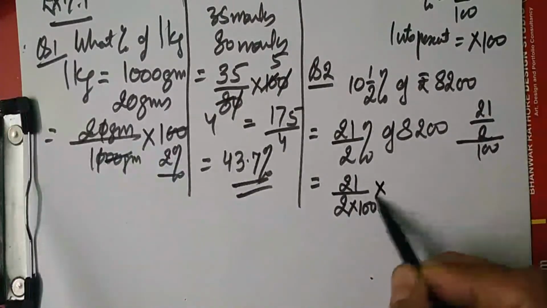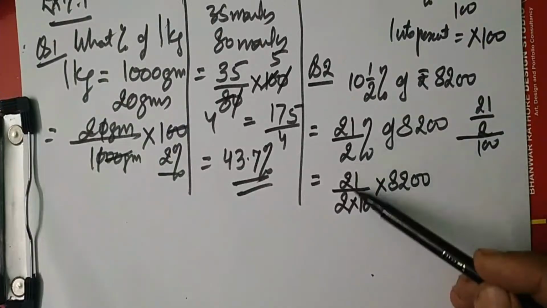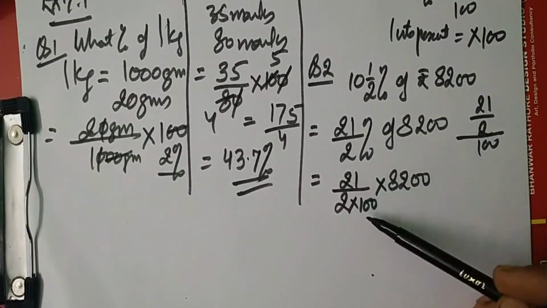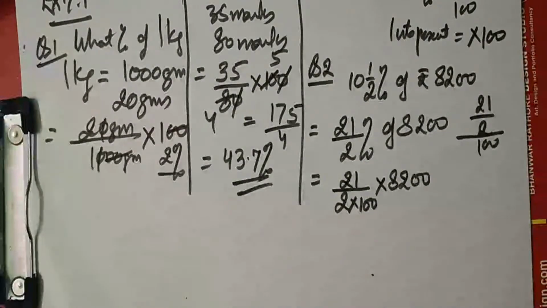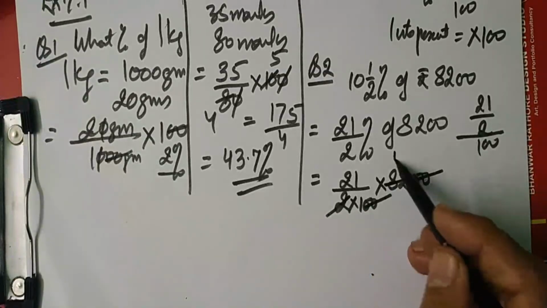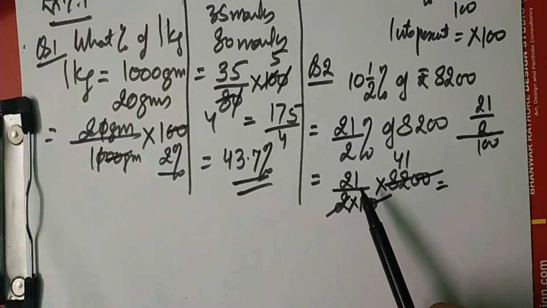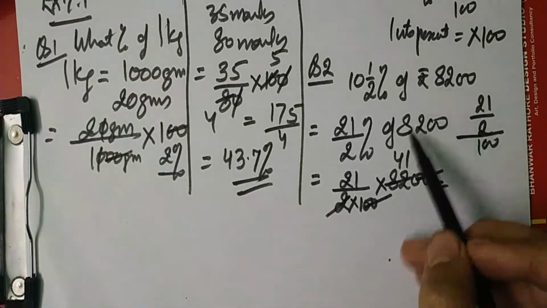Of means multiply by 8200. So 21 upon 2 into 100, and simplify. Multiply and you will get the answer, which will come in rupees, because this is rupees.